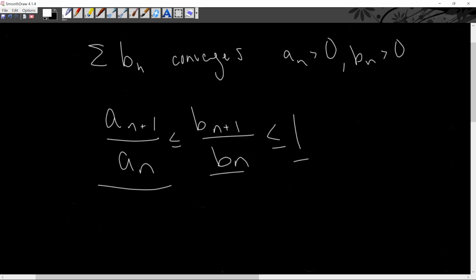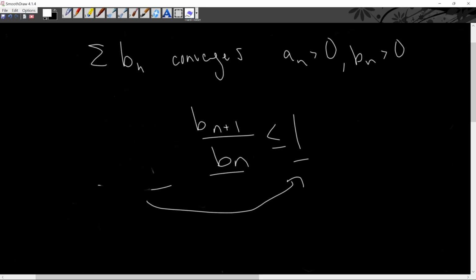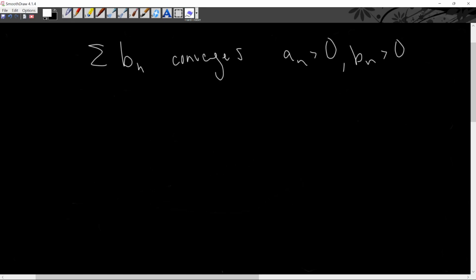Since this is less than this is less than this, this converges by the ratio test. And I'm not going to do a proof of that because it's essentially the proof of what we've done for the past couple months. This is called a ratio comparison test, and if you just apply what you know about the ratio test to the direct comparison test, then this is exactly what's happening, right?